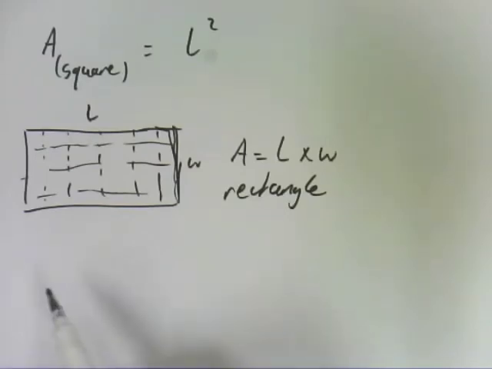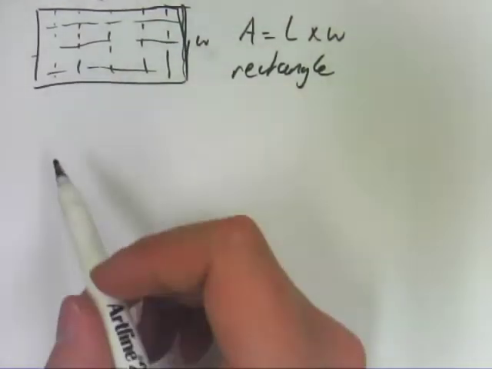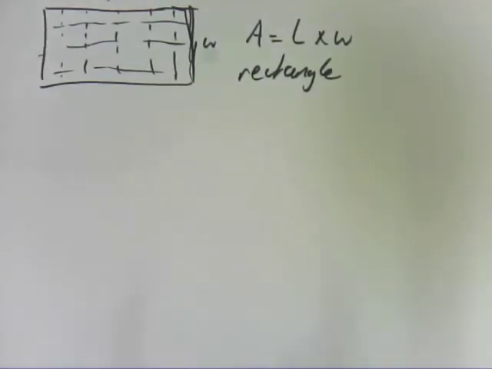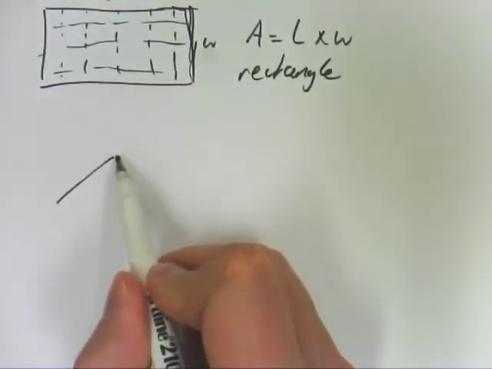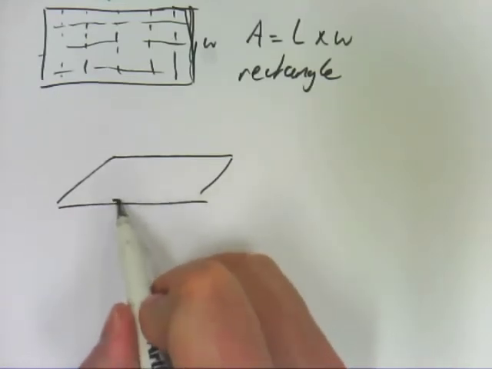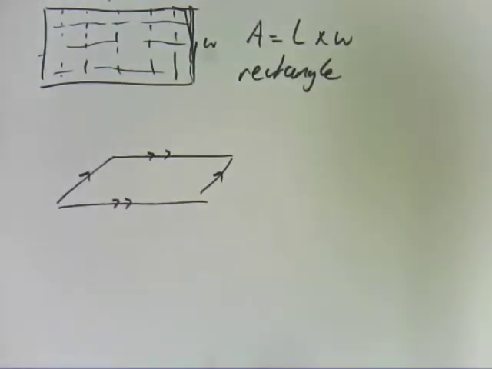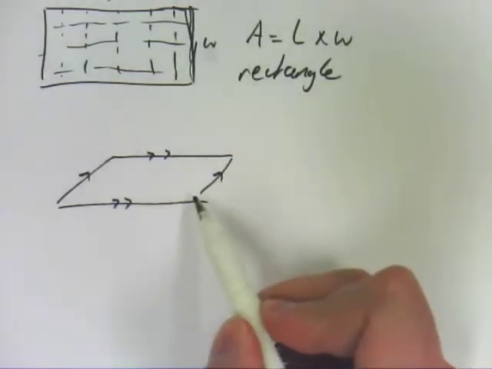Now we start getting to a bit more of the less common ones, the ones you're less likely to remember from whenever you did this last time. And that is a parallelogram. You'll notice I've put little symbols on there.